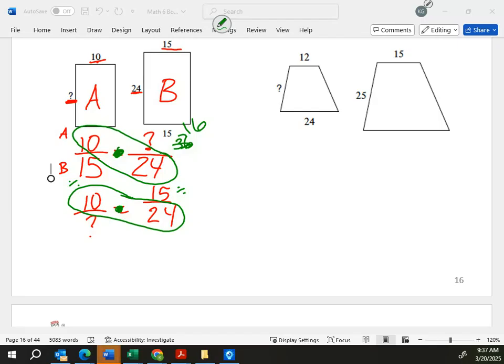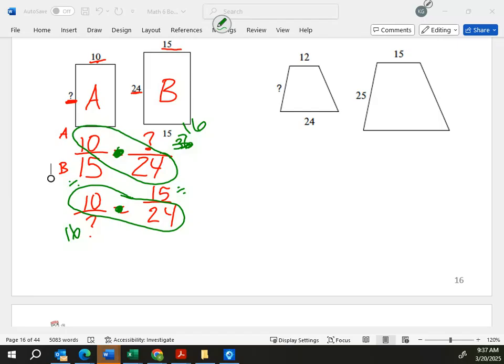So either method you use, you're multiplying the same two numbers together and dividing it by that third number. So it doesn't matter which way we line it up. We still multiplying 10 by 24, divided by 15, and our answer still is 16. So either method works.